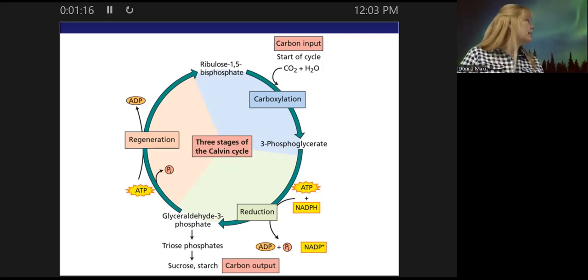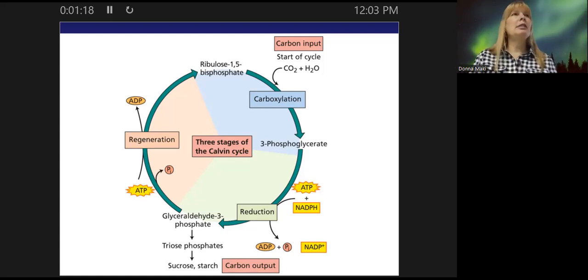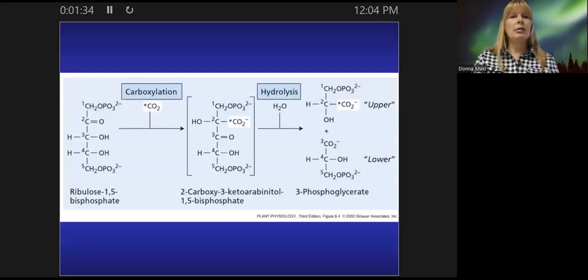And so carboxylation, we covered that in pretty good detail last Wednesday. Geez, a whole week ago. And then we saw how that reaction does not require any ATP, does not require any NADPH.